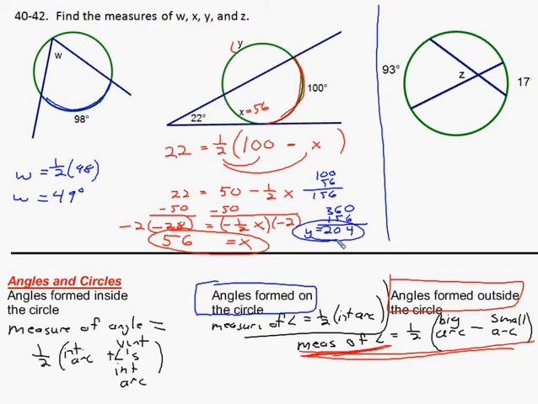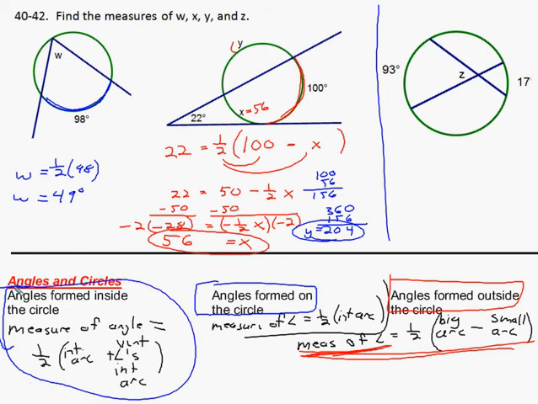And then our last example here, looking for a z, we see that we have two angles. We have an angle that's formed inside the circle. So we're looking at this over here.